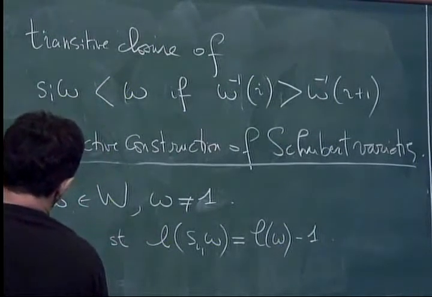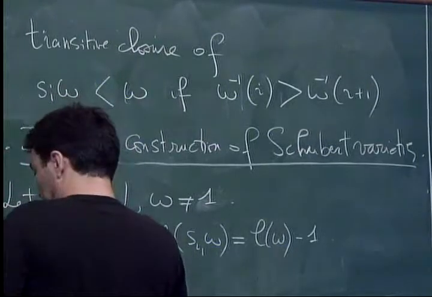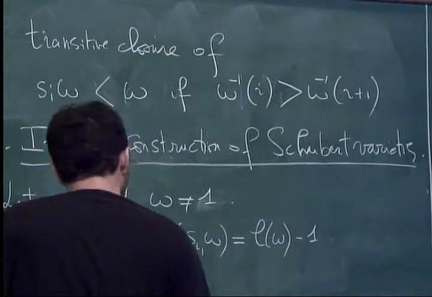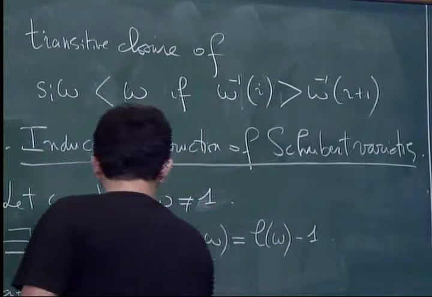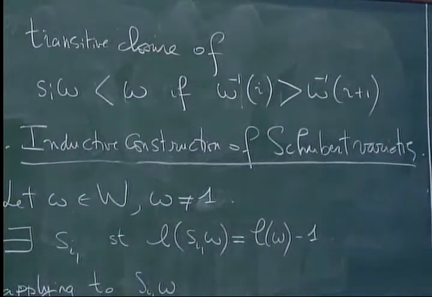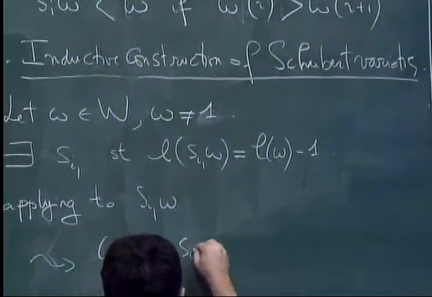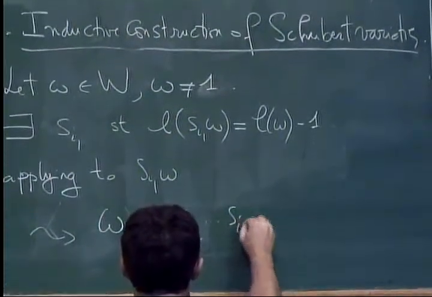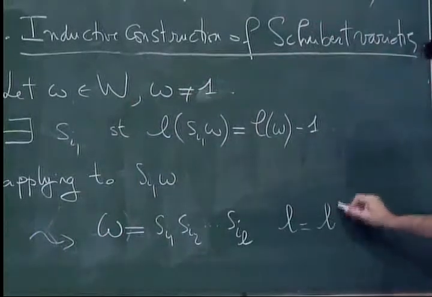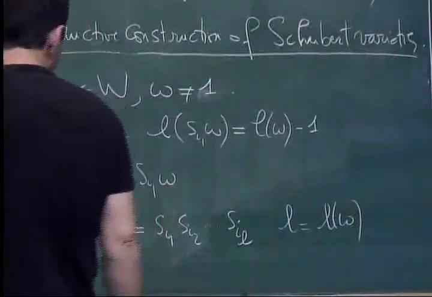So applying this to s_{i1} w, you get that you can write w as s_{i1}, s_{i2}, up to s_{il}, where l is the length of w.